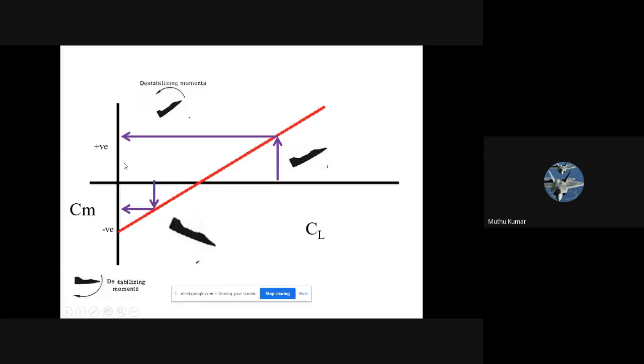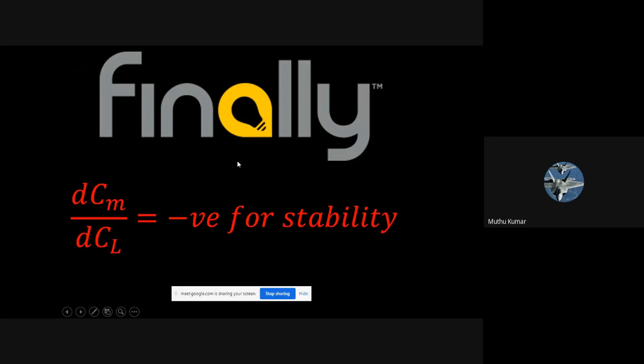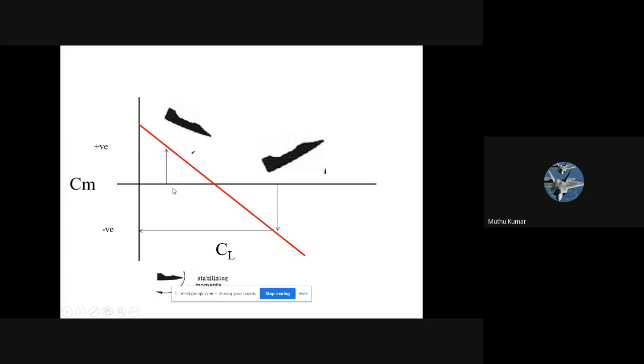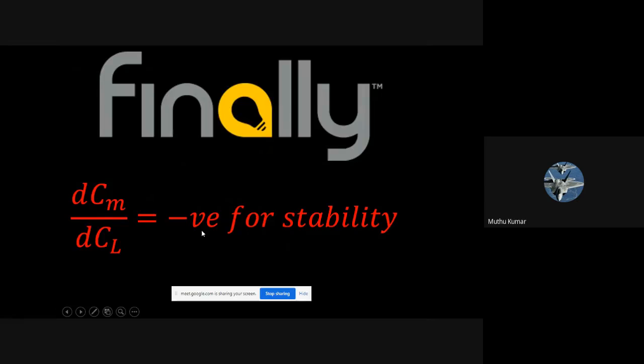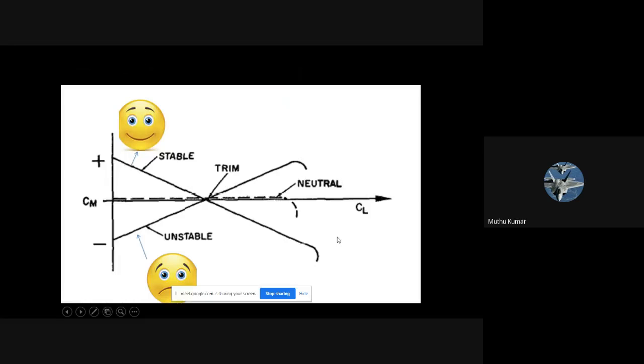How that gets created we will see later. So finally, if I want to give an equation for stability, taken from this graph, if I ask whether the slope is positive or negative, it's negative. This one is a positive slope. So which one is stabilizing? Negative slope is stabilizing. So dCm by dCl has to be negative for stability. What stability? Longitudinal static stability.